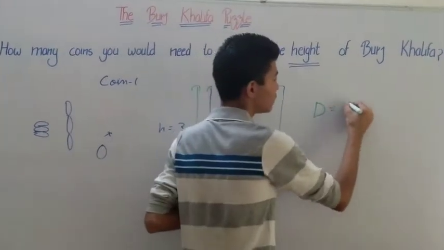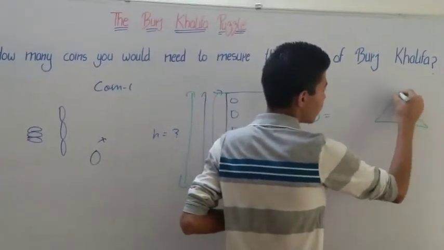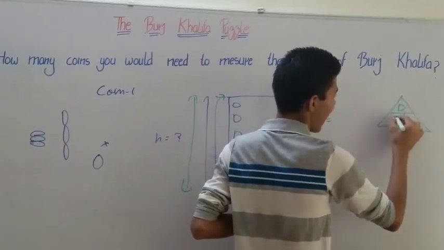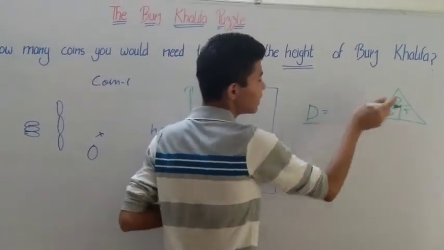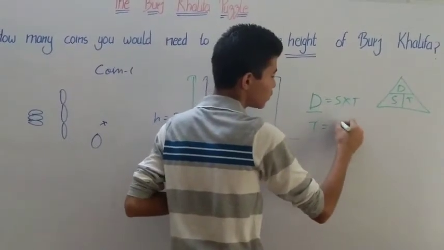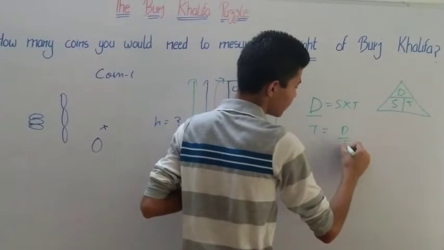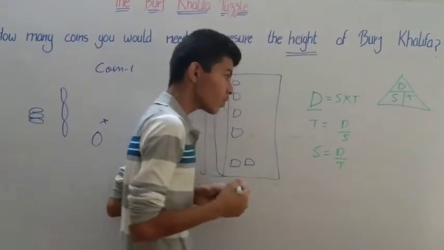Distance is equal to speed multiplied by time, time is equal to distance divided by speed, and speed is equal to distance divided by time.